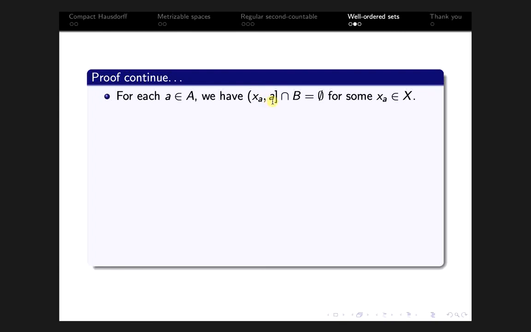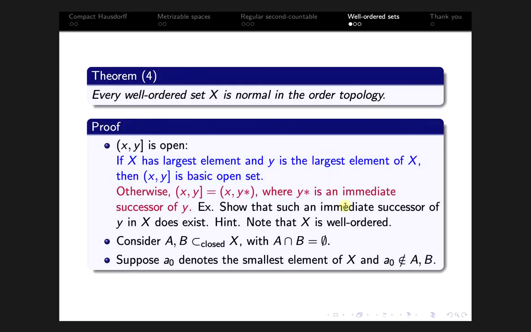For such a naught, we don't have an element xa naught in X such that this is a neighborhood of the smallest element. The case when the smallest element is a member of the closed sets A and B, we deal with separately.